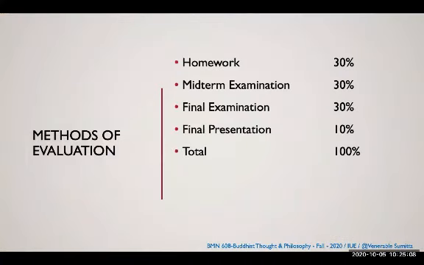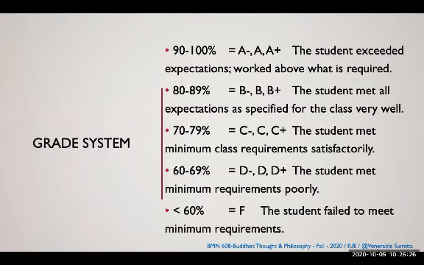Okay, this is the method of evaluation. Homework will be 30%, midterm 30%, final examination 30%, and final presentation will be 10%, total 100%. And the grade system accordingly will be like this.